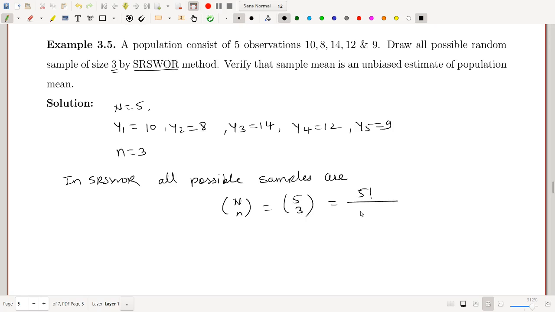So this will be 5 factorial upon 3 factorial into 5 minus 3 factorial. So this is 5 into 4 into 3 factorial upon 3 factorial and 2 factorial. 3 factorial gets cancelled, 2 factorial is 2. So 20 by 2, this will be 10. So there will be 10 possible samples.